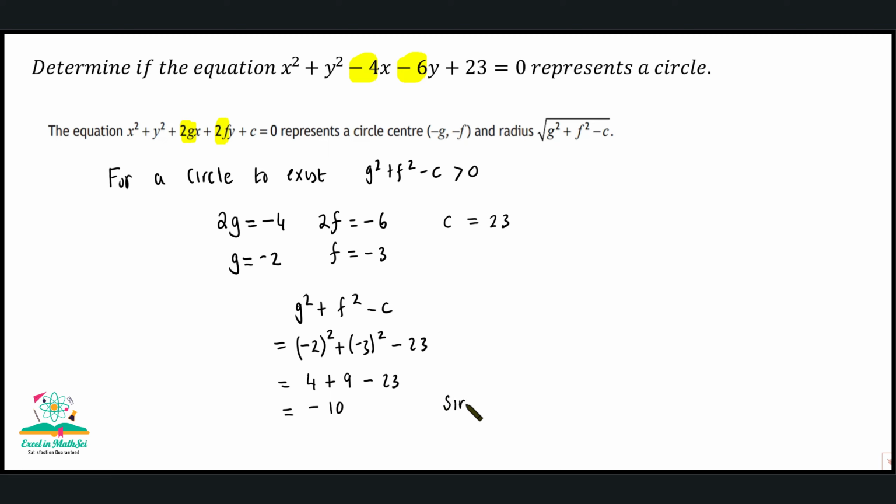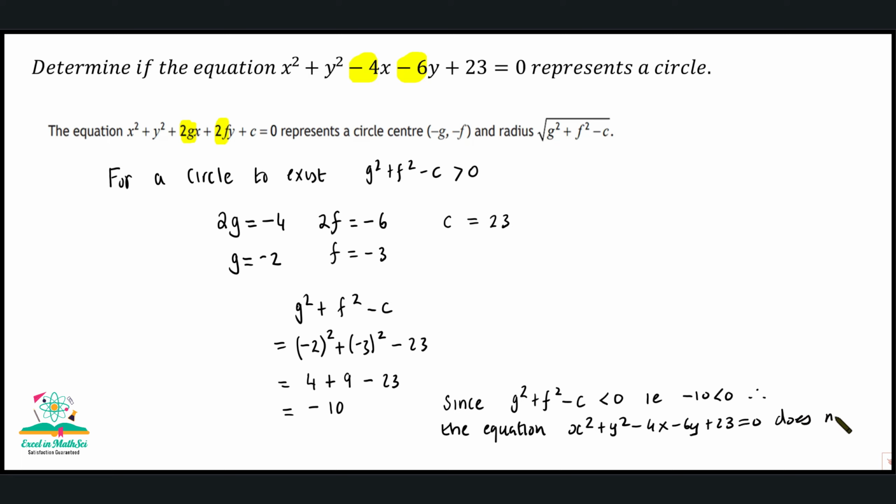So since g squared plus f squared minus c is less than 0, i.e. minus 10 is less than 0, therefore the equation x squared plus y squared minus 4x minus 6y plus 23 does not represent a circle.